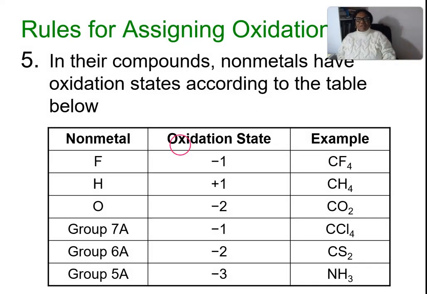Then rule number 5, in their compounds, non-metals have oxidation state according to the table below. Fluorine -1, hydrogen +1, you see it in methane, oxygen -2, you see in carbon dioxide, group 7A -1, group 6A -2, group 5A -3.